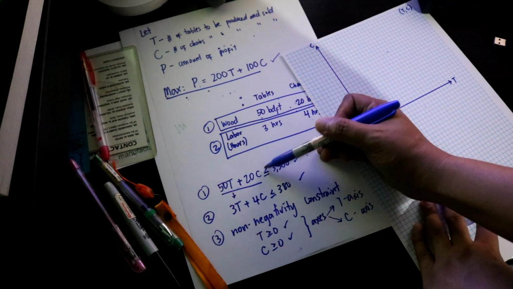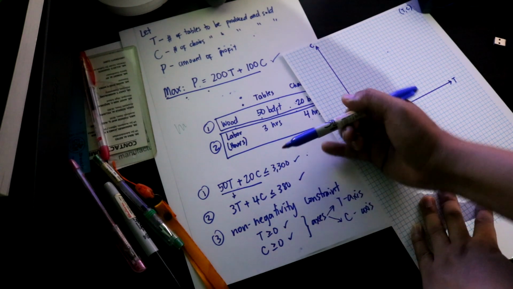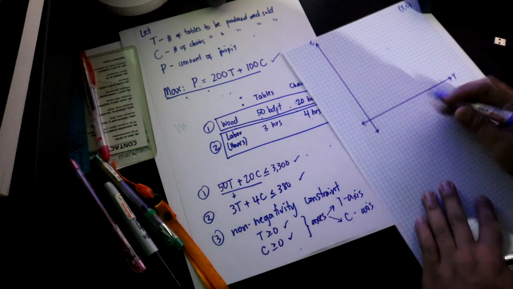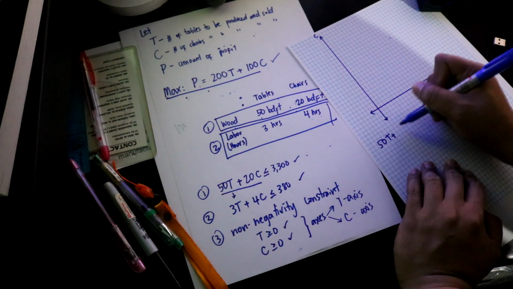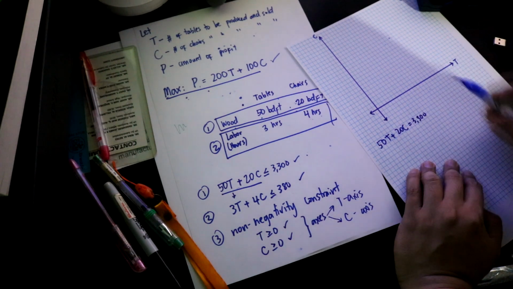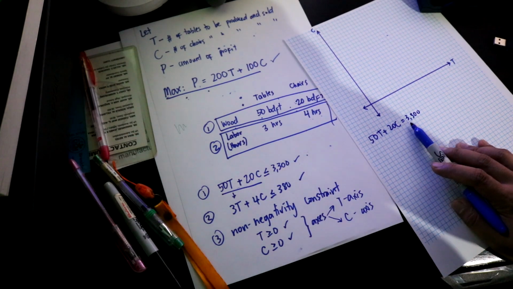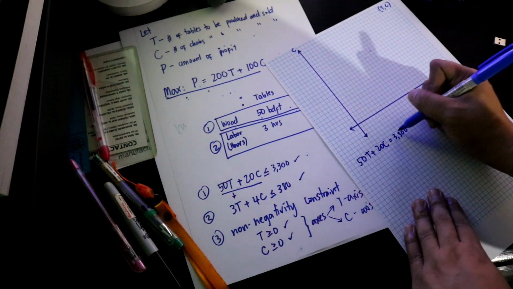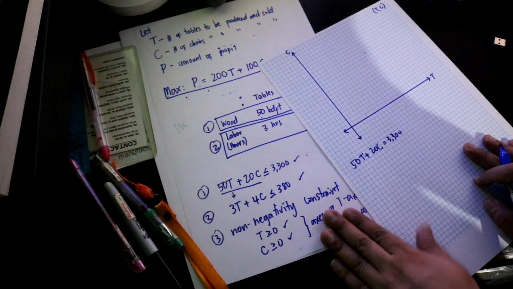The inequality symbol, just change it to an equality symbol, the equal sign. So our first constraint, 50t plus 20c is equal to 3,300. We have just changed the inequality symbol into an equality symbol. So we just need 2 points.